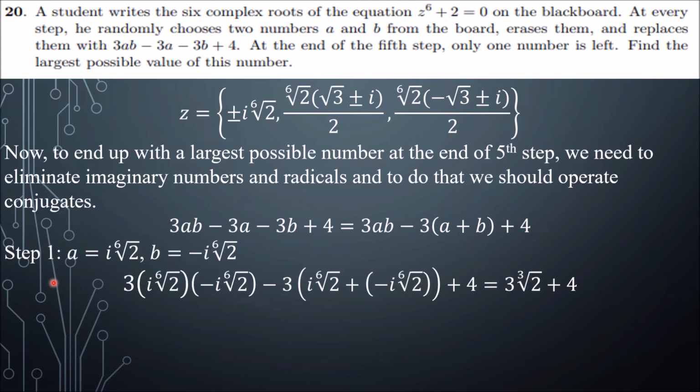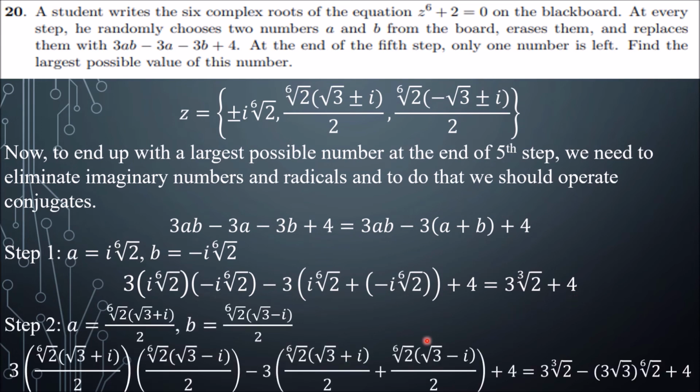Let's have step 1. Let a be equal to i, the positive one, 6th root of 2, and then b is equal to negative i, 6th root of 2. Solving for this, substitute, and we'll end up with 3 cube root of 2 plus 4. So this is the result after step 1.